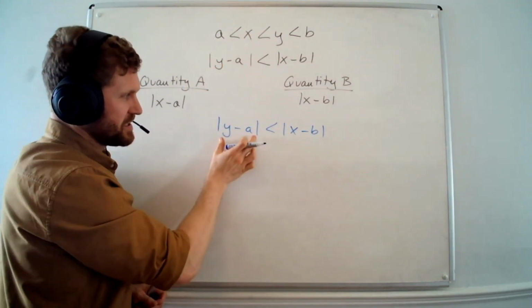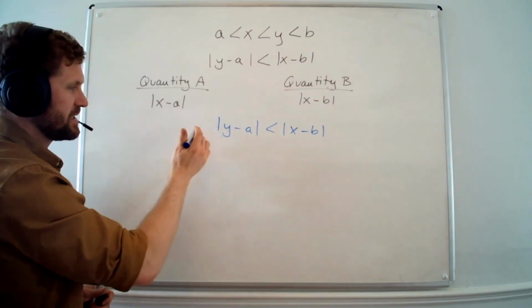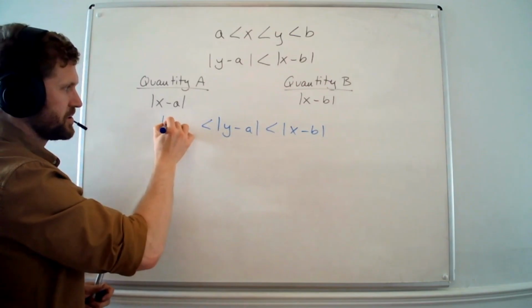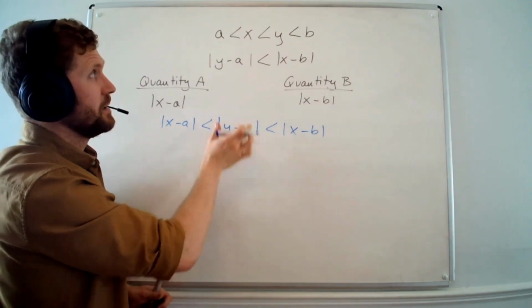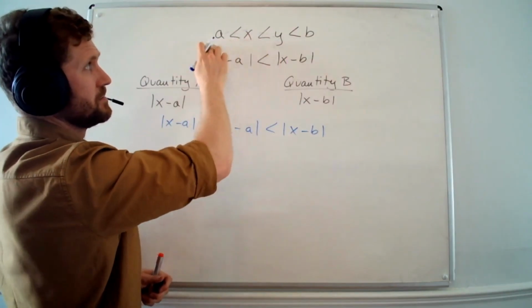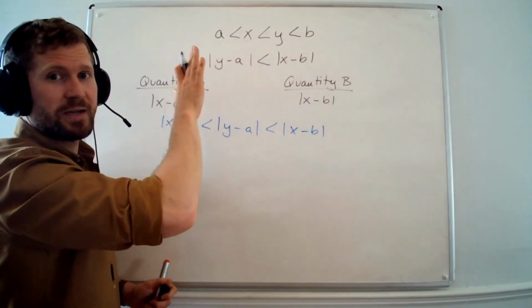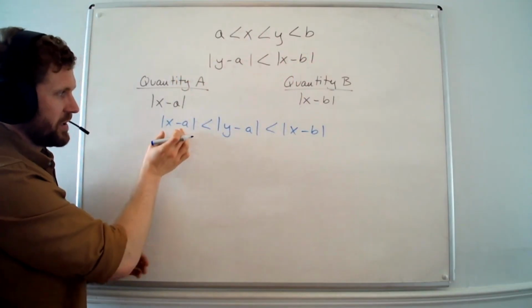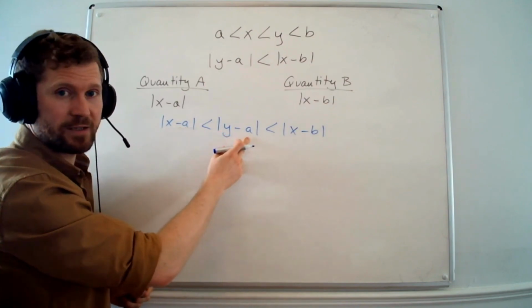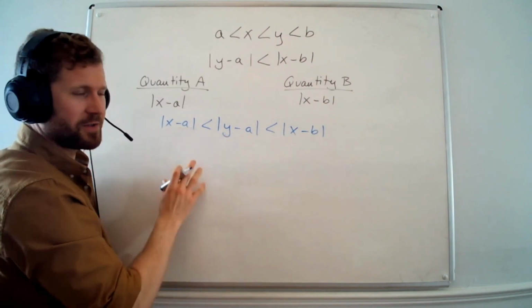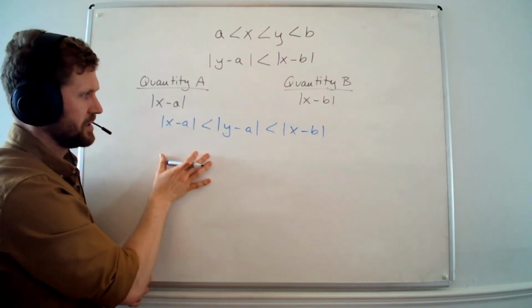So if this is the distance between a and y, then what we can say is the distance between x and a is less than the distance between y and a, because x is somewhere between a and y. X might be really close to y, it might be really close to a, we don't really know, but what I can say is the distance between x and a is less than the distance between a and y.